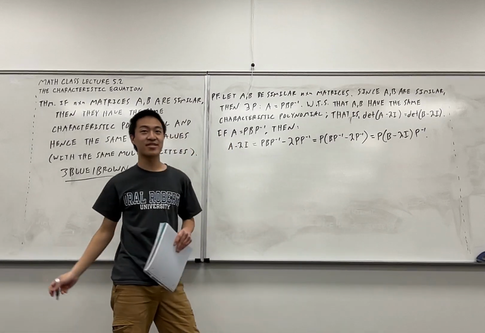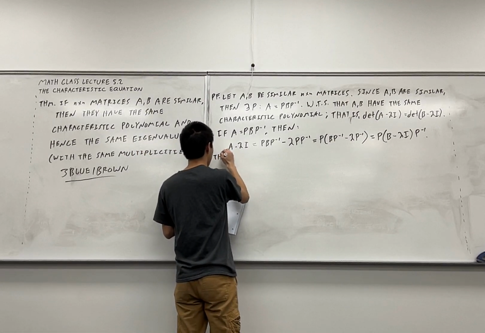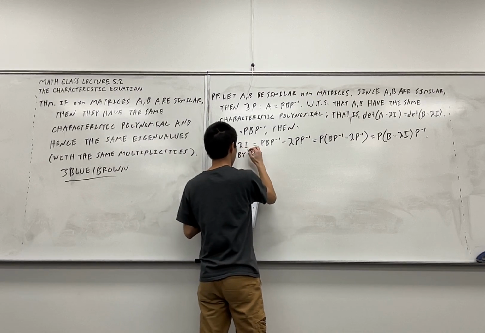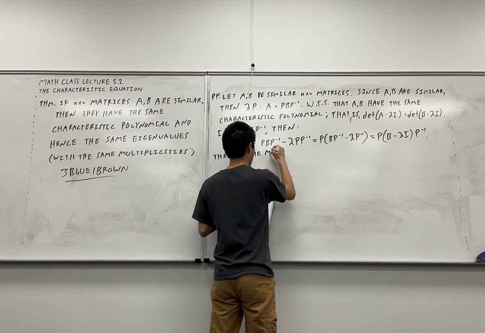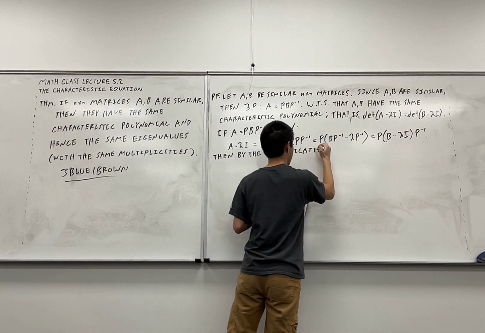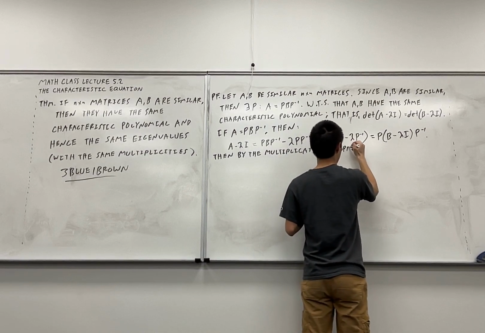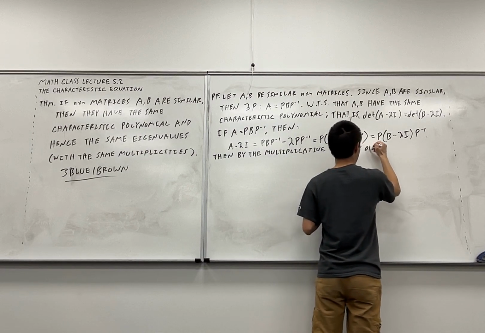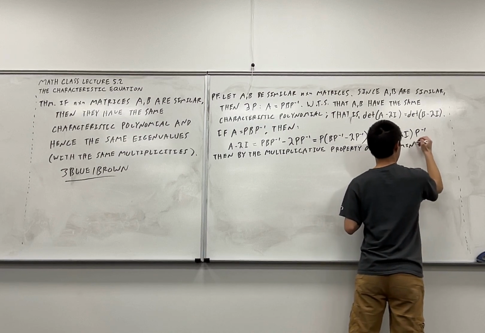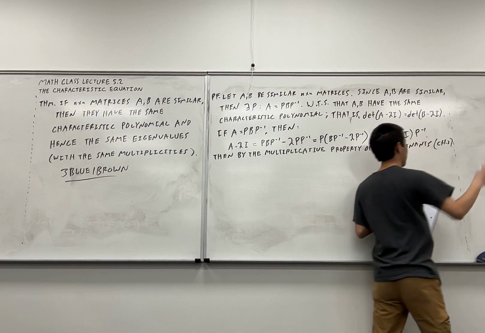You can already probably see exactly where this is going. So then, by the multiplicative property of determinants, which, reminder, is from chapter 3.